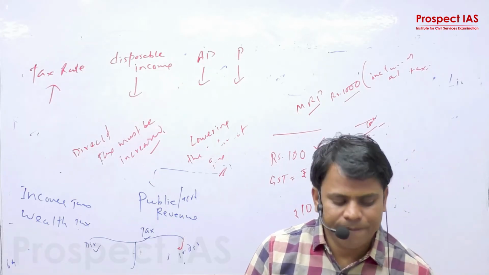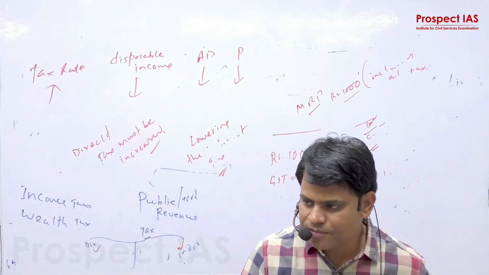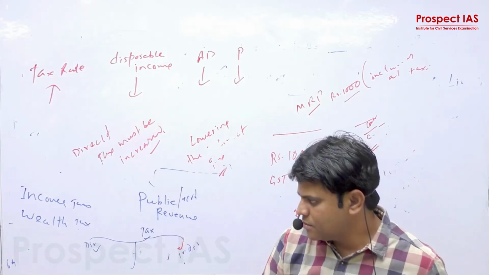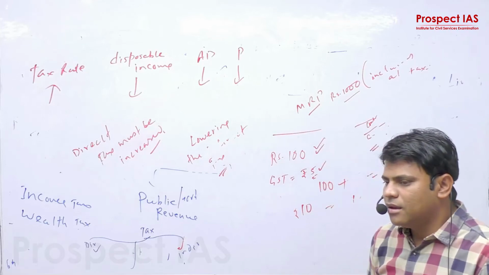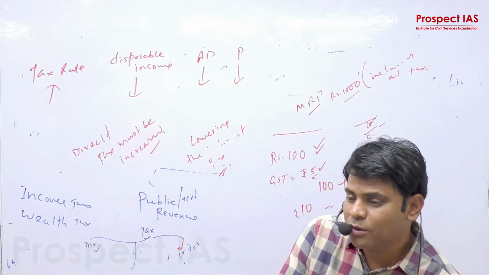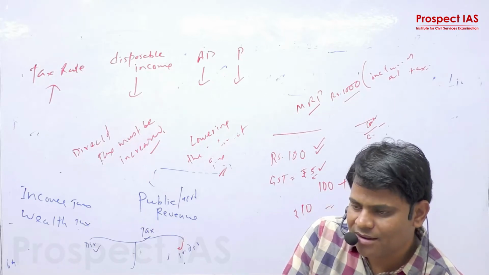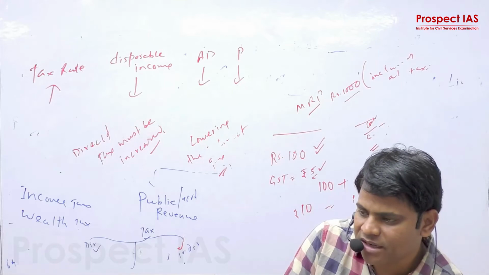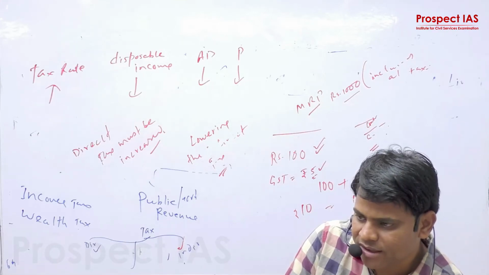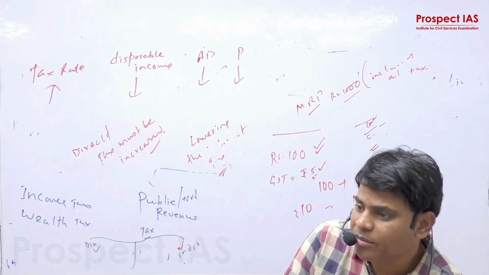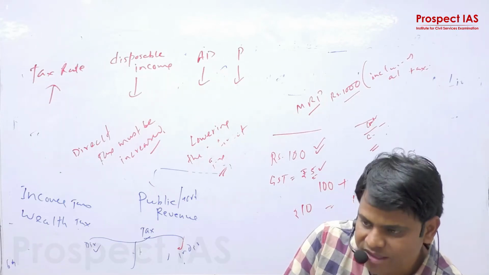Okay, done. But what the government will do in our country, we are not discussing that, right? What we are discussing is what can be done by the government and the central bank to control inflation, right? Whether those measures are appropriate for our economy or not, that is something different.